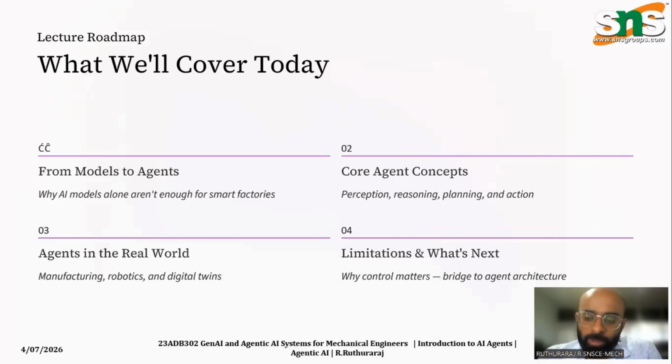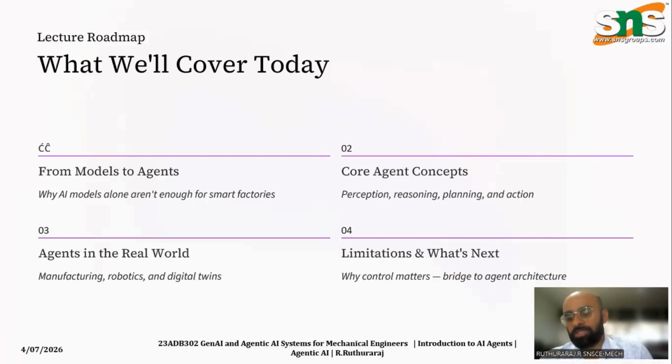If in the morning there is some traffic or congestion, then you have to decide again which mode of transport to switch to. For example, if there is heavy traffic or congestion, you may switch from a four-wheeler to a two-wheeler. Or if there is a problem with your vehicle, you may switch to a call taxi or a public transportation system. So perception, reasoning, planning, and action are what make a human capable of doing his work.